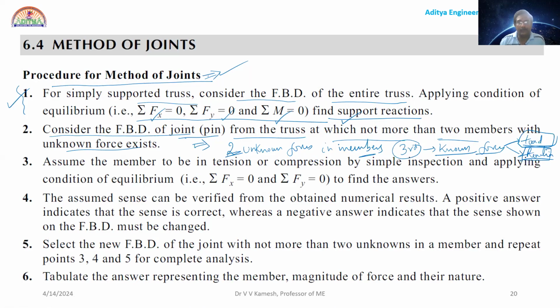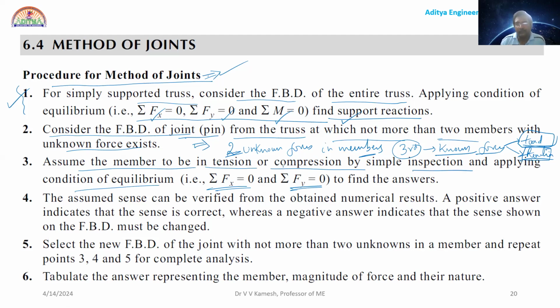Otherwise, we may apply Lami's theorem or we may apply the third condition, that is sigma Fx = 0 and sigma Fy = 0. Initially you need to assume the member to be in tension or compression by simple inspection and apply conditions of equilibrium.